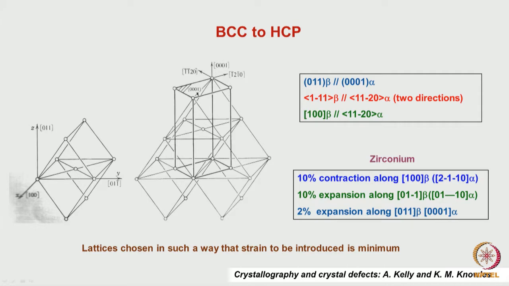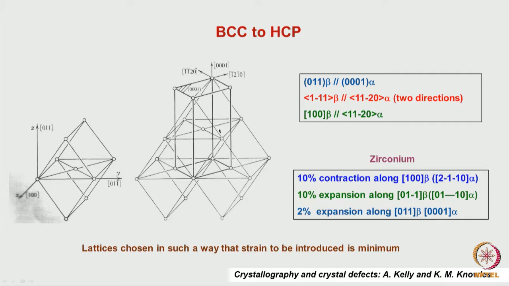To achieve this, the strains required are a 10% contraction along 100, a 10% expansion along the 011 bar direction and a 2% expansion along the 011 direction. This is all with respect to a BCC lattice.